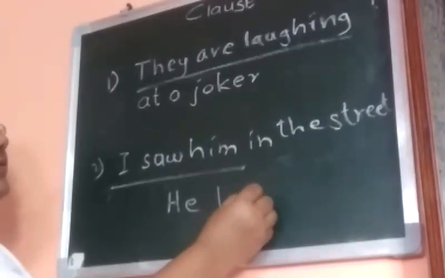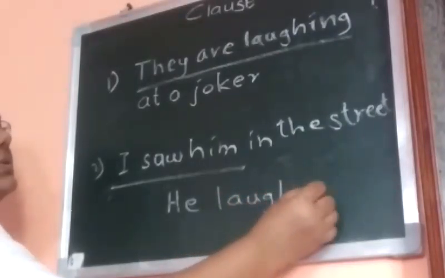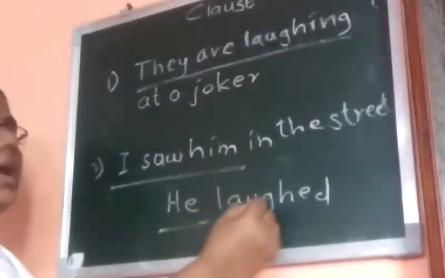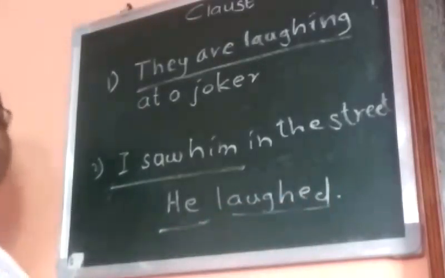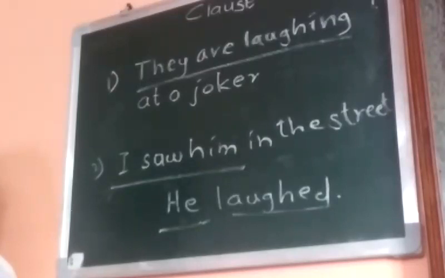He laughed. Subject and verb, it is called a clause. But a phrase is a group of words that does not consist of a subject and a verb.